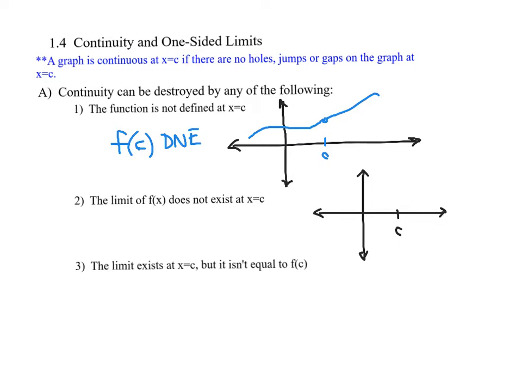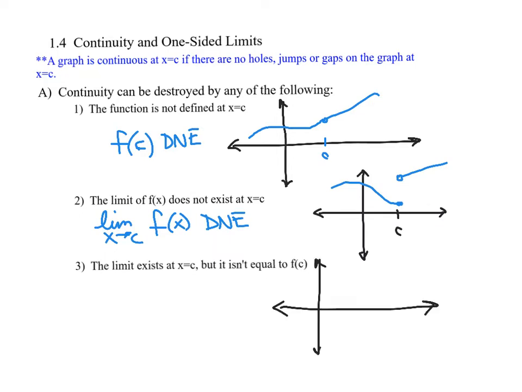I'm going to make my function approach c right here and have a filled in circle, and then it's going to continue with an open circle and continue on the way up there. So I see that in this situation the limit as x approaches c of this function does not exist. You'll notice that coming from the left side, I approach one y value. Coming from the right side of c, I approach a different y value.